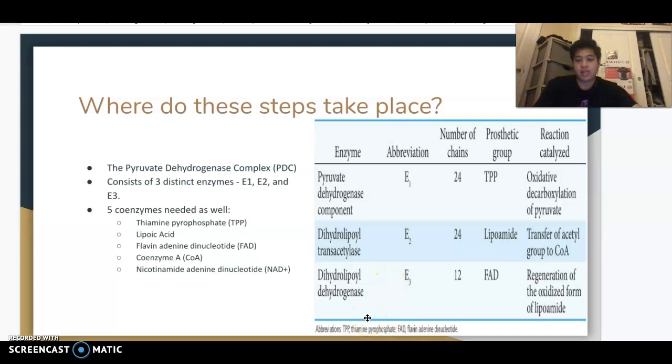There are 5 coenzymes that are required as well: thiamine pyrophosphate, TPP, lipoic acid, flavin adenine dinucleotide, FAD, coenzyme A, CoA, and nicotinamide adenine dinucleotide, NAD+.